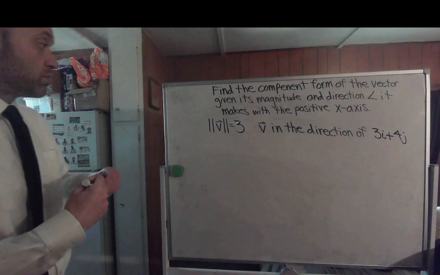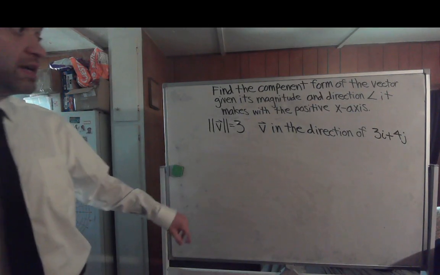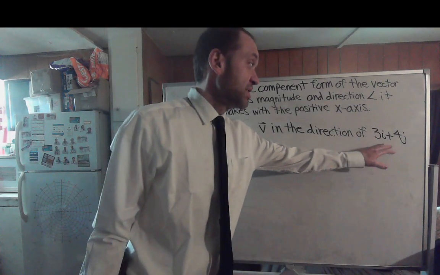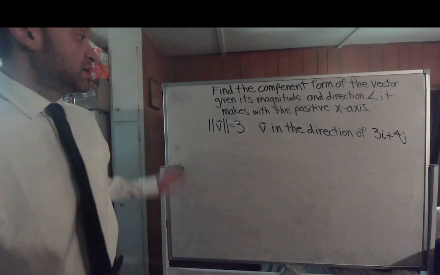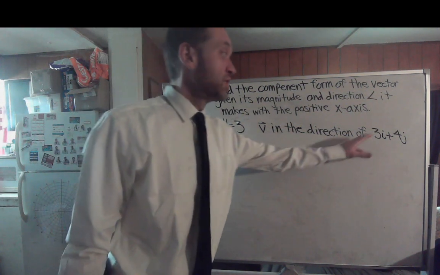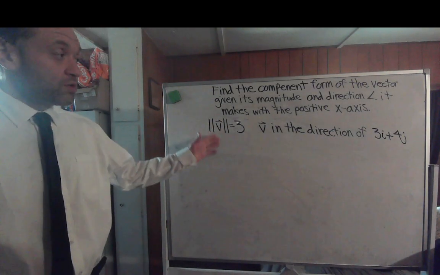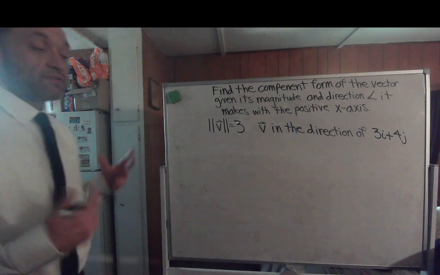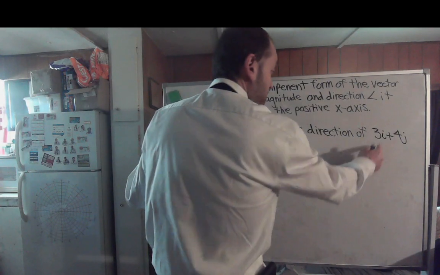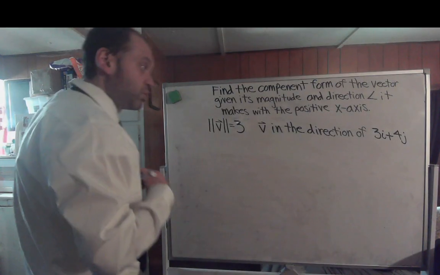Alright, so this time they give you that vector v has a magnitude of 3 and vector v in the direction of 3i plus 4j. So we need to find the direction angle for vector 3i plus 4j. We already know the magnitude, but now we need to find the direction angle. Good news is you have a positive x and a positive y component, so it's going to be in the first quadrant.